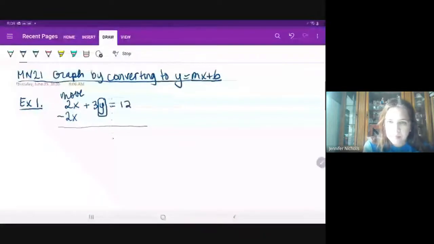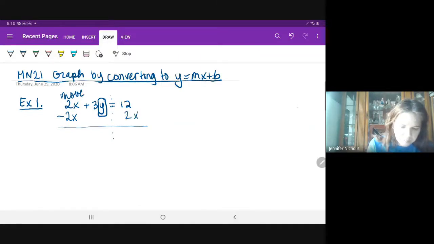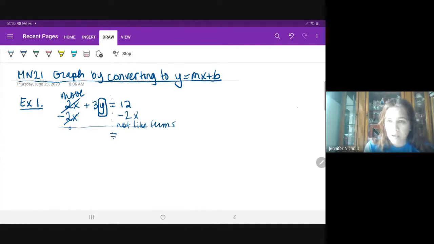Okay. Emily, where else do I need to put the negative 2x? Okay, and then we wrote here not like terms. Those canceled to give us 0. And then what's the left side of the equal sign say? Carissa?